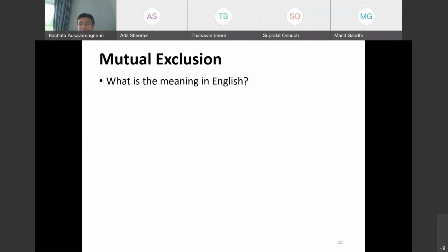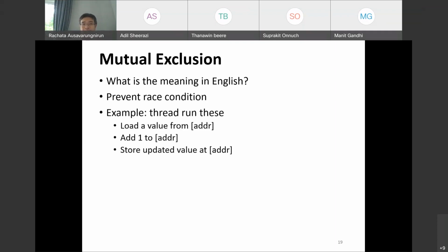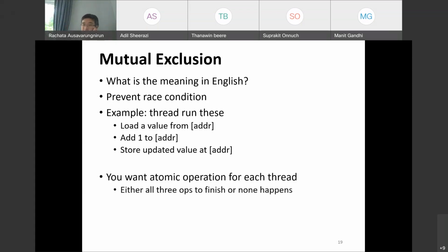So it's both agree, right? Everyone agrees that this is the exclusion. And this is used to prevent race condition by making sure, like if I have the same example with the bank account, I'm gonna get the value of the address, add or subtract some number to it and store that update. You want mutual exclusion, which means that you apply atomic operation, either the 3 operations finish or lock it.